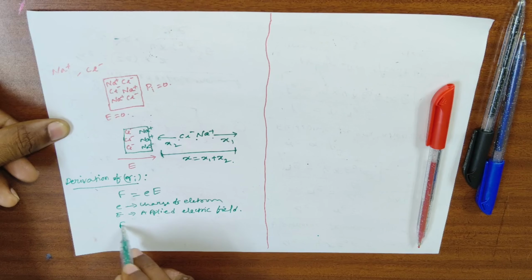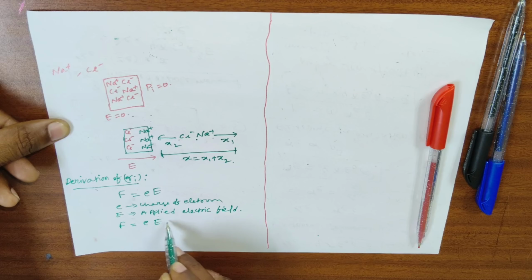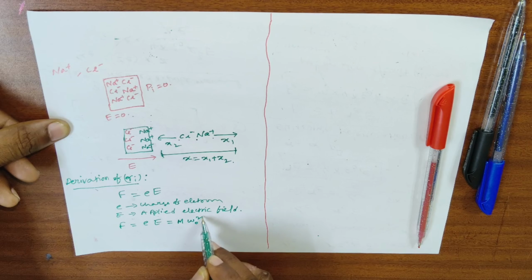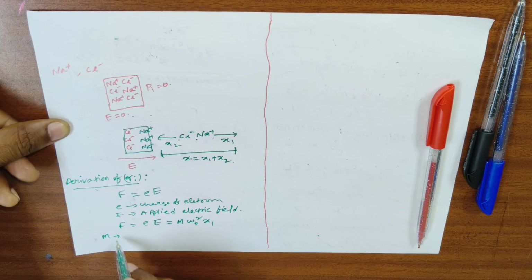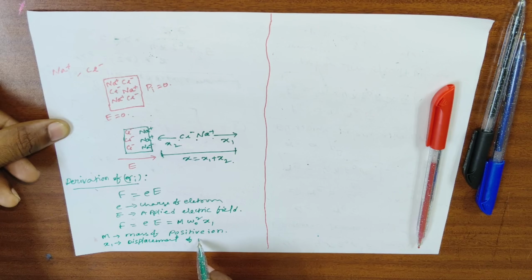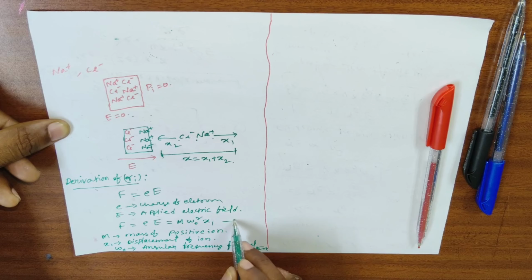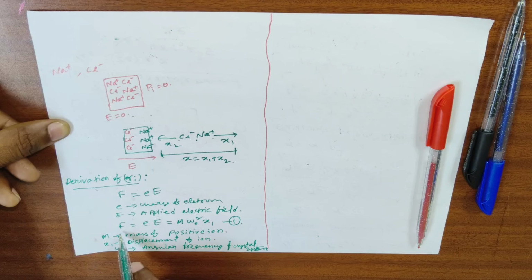Here the force F is equal to e capital E. The formula for the spring force is capital M omega naught square into x1, where capital M is the mass of the positive ion, x1 is the displacement of the ion, and omega naught is the angular frequency of the crystal system. This is equation 1, the force acting on the positive ion due to the electric field.